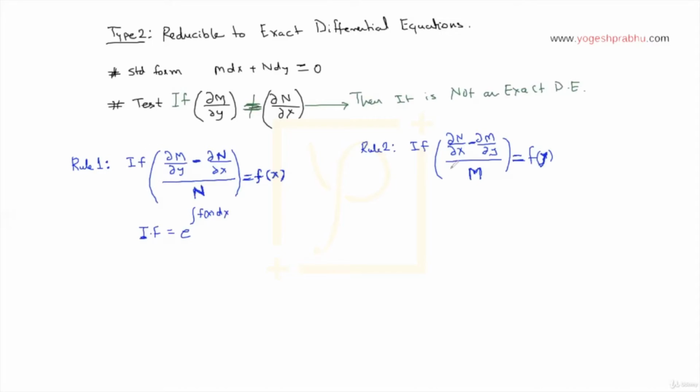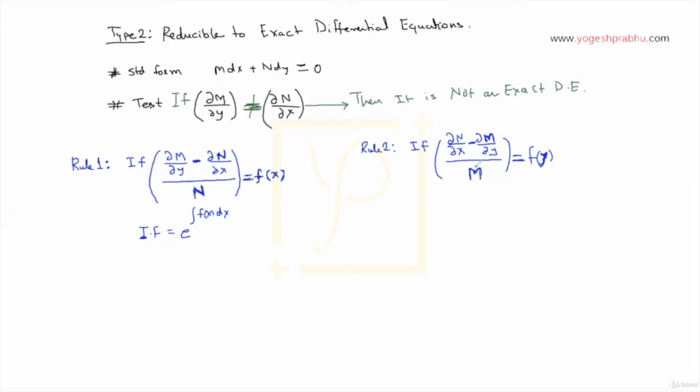Now rule 2 is quite similar. In rule 2, we have just exchanged these two. Do you see that instead of ∂M/∂y minus ∂N/∂x, I have done the other way around, ∂N/∂x minus ∂M/∂y, and then I divide by M. Notice that we divided by N over here, and here we divide by M. Just remember that what we subtract, that value we write in the denominator.